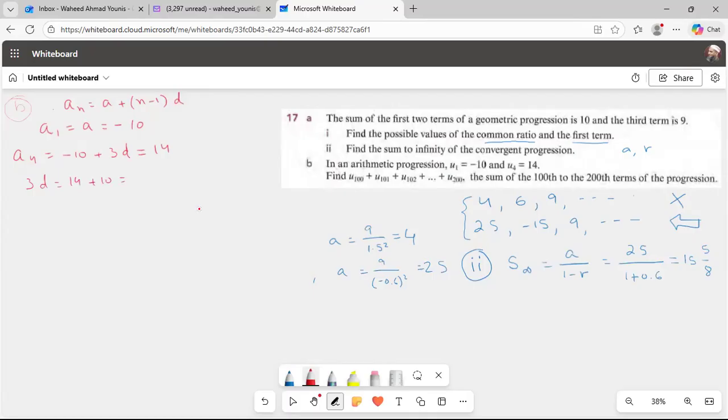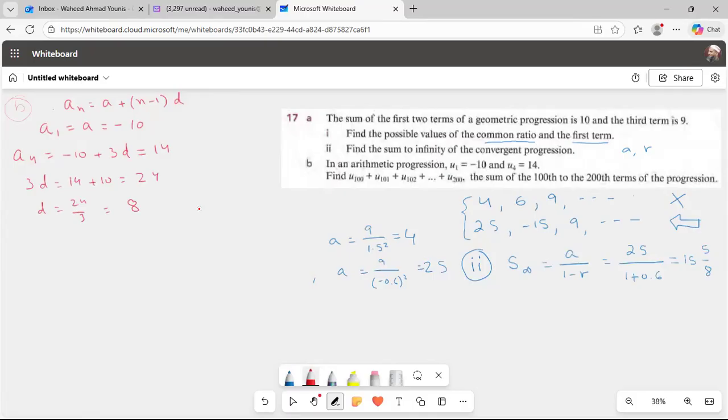This is 24. So D is 24 over 3. This is 8. So we know that in this progression, the first term was minus 10 and the common difference is 8.